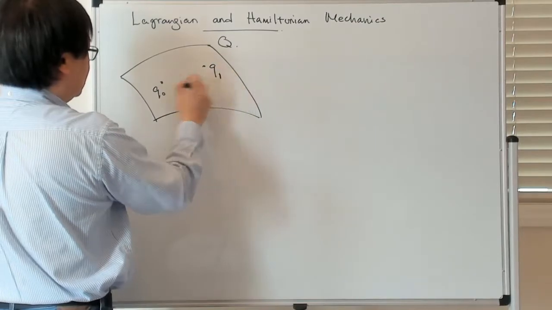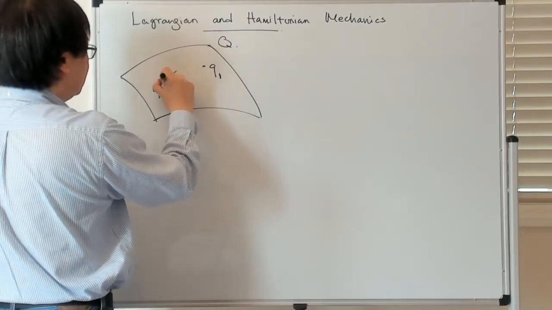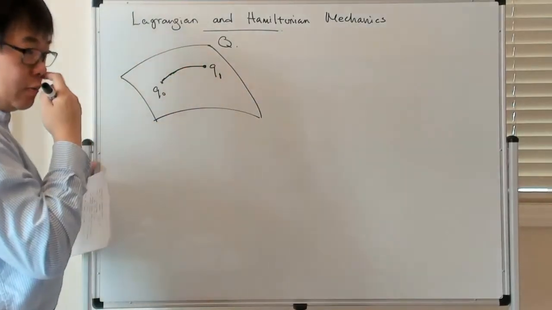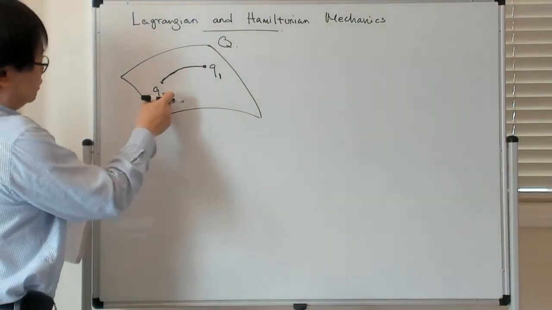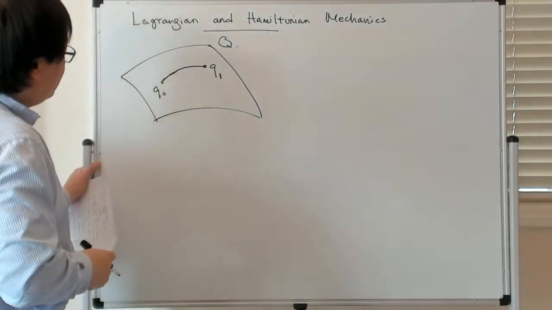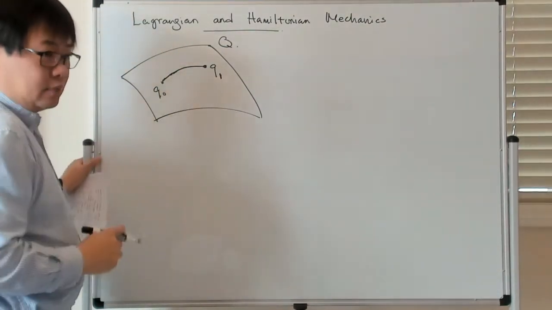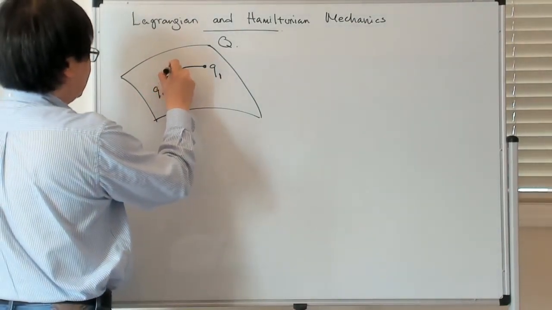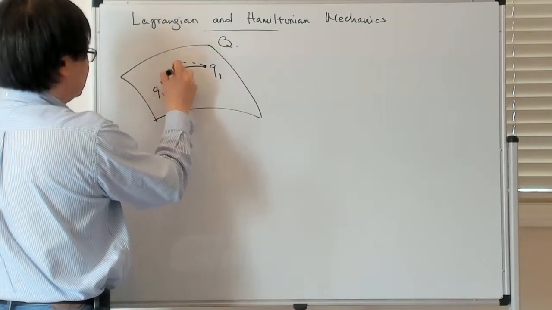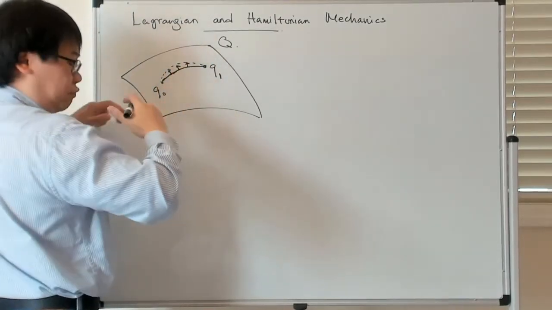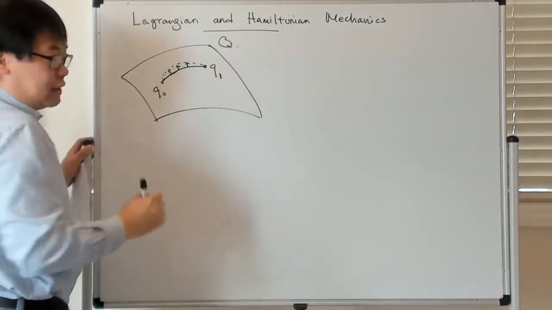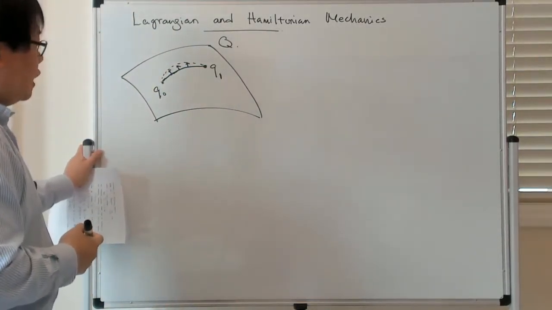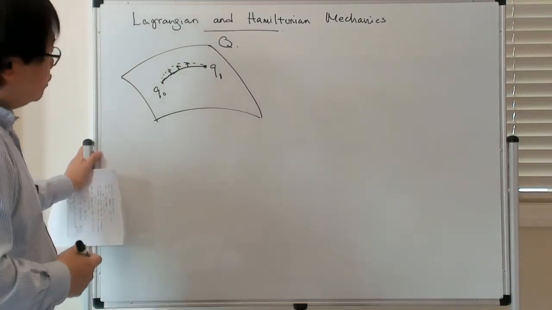You're trying to describe a curve which starts at q0 at time t0 and goes to q1 at time t1. The actual curve which the system follows is that where, if you were to vary the curve slightly, perturbing it while keeping the endpoints fixed, then to first order in this variation of the curve, the action integral doesn't change.